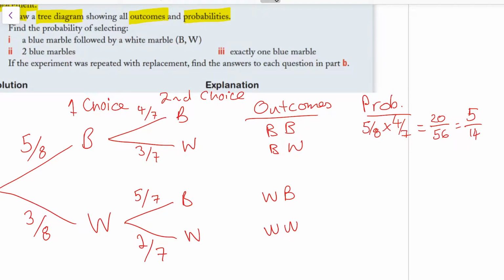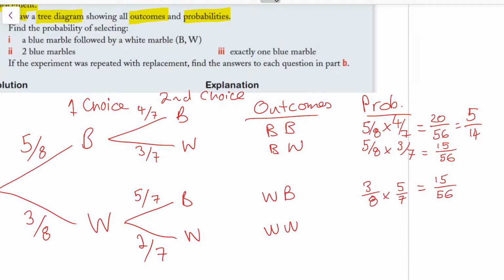We've got blue marble, white marble: 5 over 8 times 3 over 7 gets me 15 over 56. Then we've got white blue: 3 over 8 times 5 over 7 equals 15 over 56.